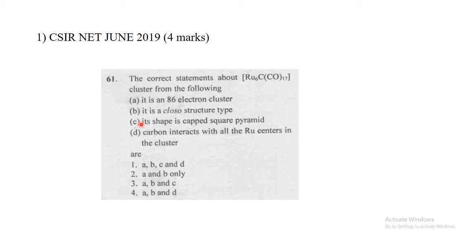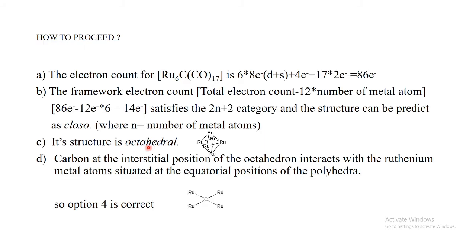Now the third statement is its shape is capped square pyramid. See, the given cluster adopts an octahedral structure. That is, the ruthenium metal atoms are distributed in the polyhedra of an octahedron.